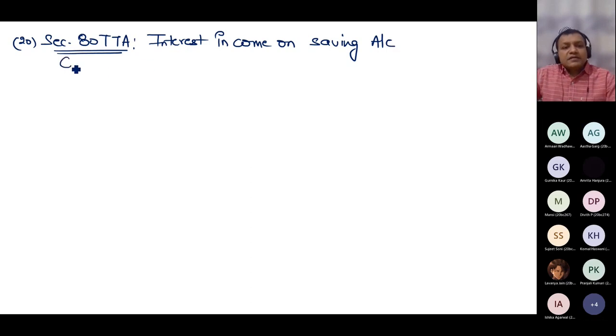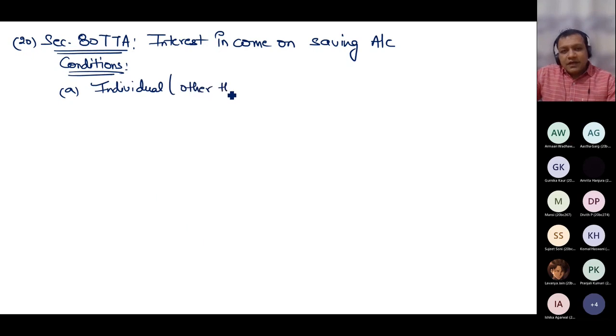So when you earn any interest income on a saving account, first of all, you are an individual, but other than a resident senior citizen.